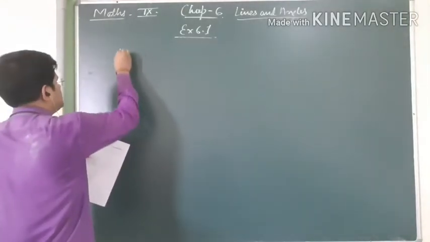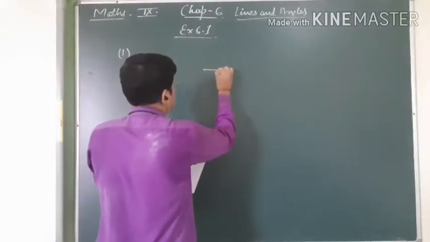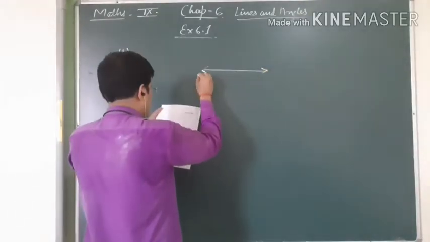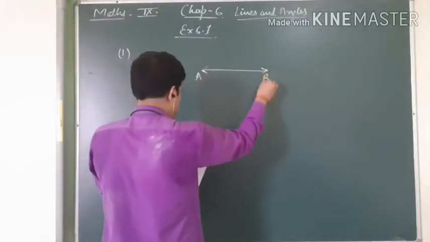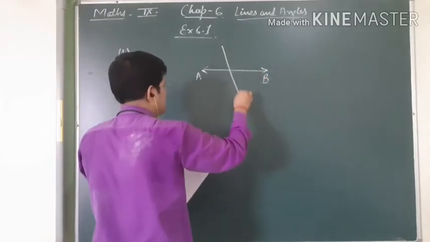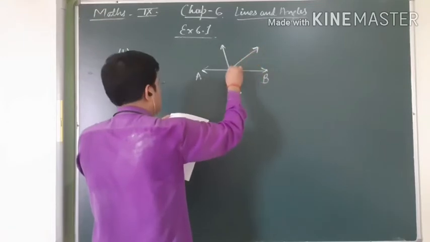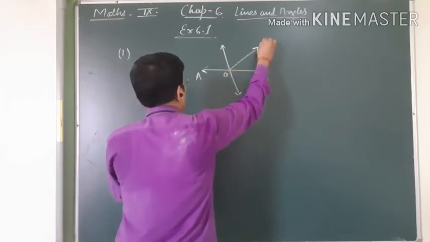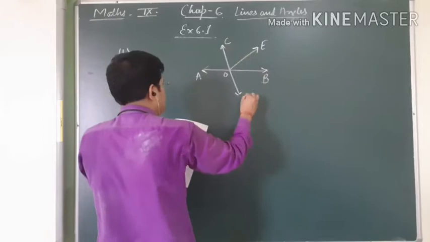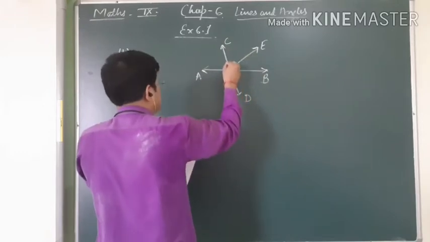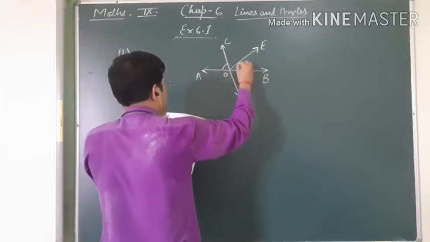First one. AB is a line and CD intersects it as a line, and one more ray is present at O, so it has OE, and this one is referred to CD. Here the sum of two angles is given, AOC and BOE.